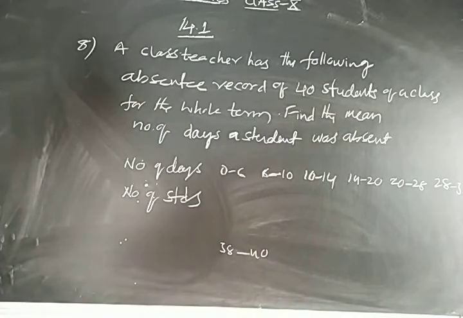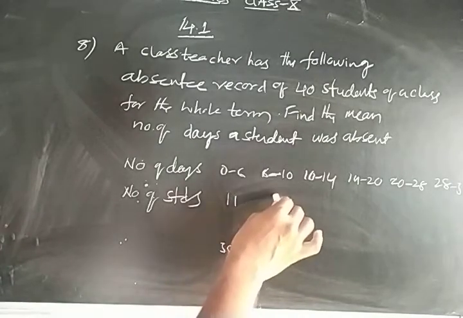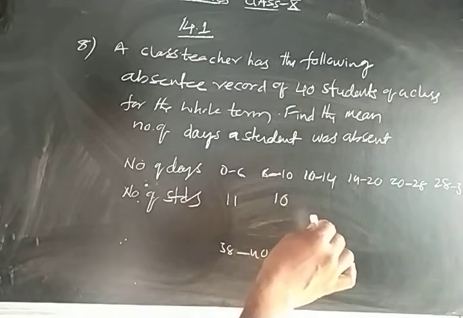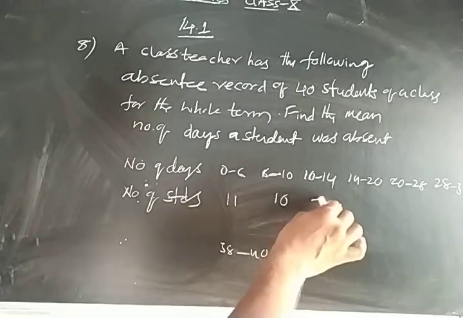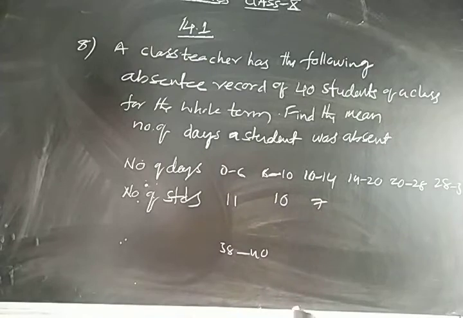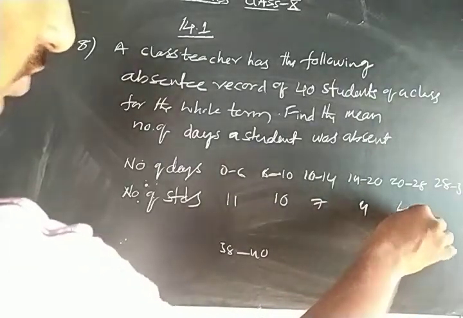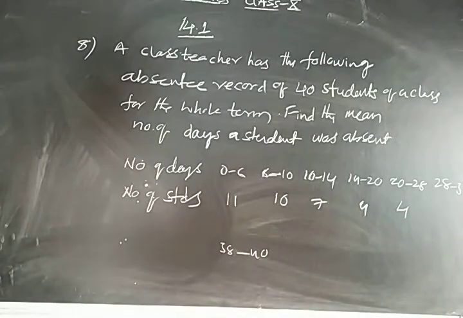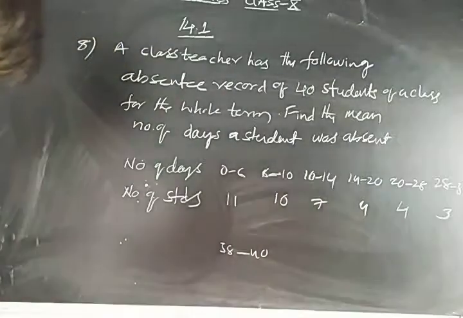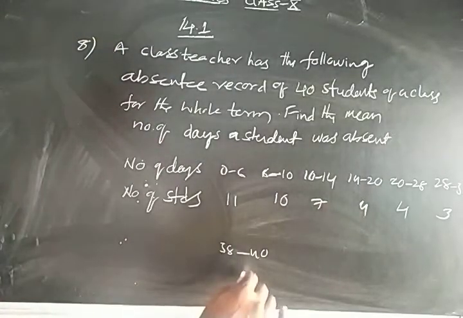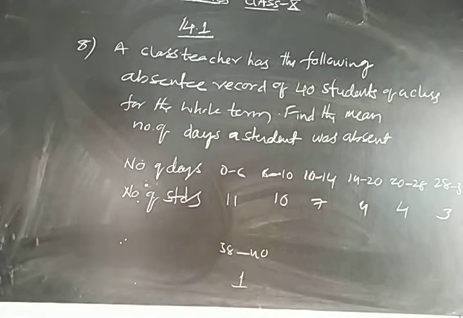Here for 0 to 6 the number of students is 11, 6 to 10 is 10, 10 to 14 is 7 students, 14 to 20 is 4 students, 20 to 28 again 4 students, 28 to 38 is 3 students, 38 to 40 is 1 student. Okay, this is the question.